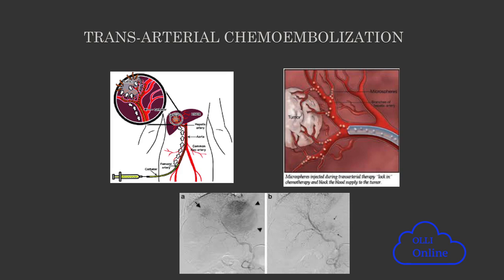So we get these little beads that are filled with chemotherapy or attached to chemotherapy. Typically it's doxorubicin, and we'll get right next to that tumor and embolize it. Then you can see in the follow-up picture after we're done embolizing, there's no longer a spotted lesion there that you can really see. So, yeah. Could you define for us embolization?